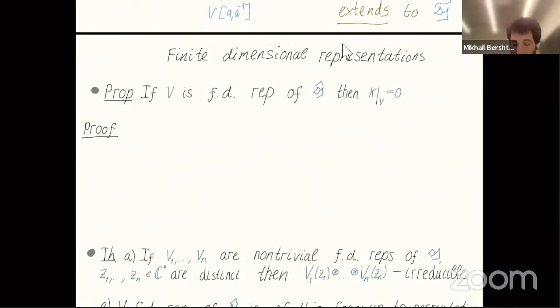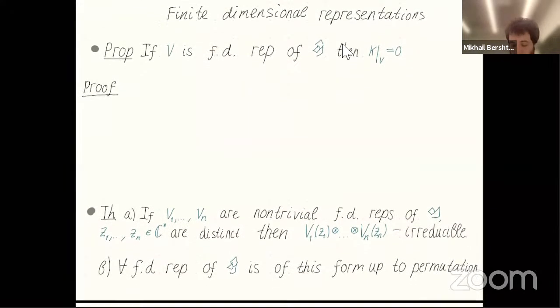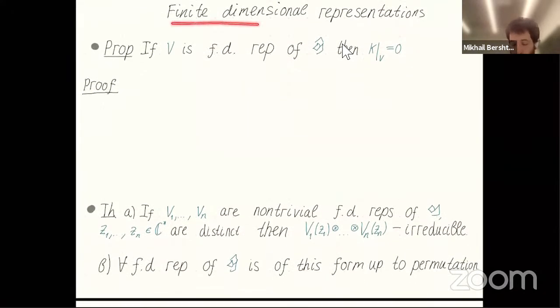If you want to study finite dimensional representations, then you should think about evaluation representations, and the theorem which I state is the following. Irreducible representations are tensor products of evaluation representations, and any irreducible representation is of this form.